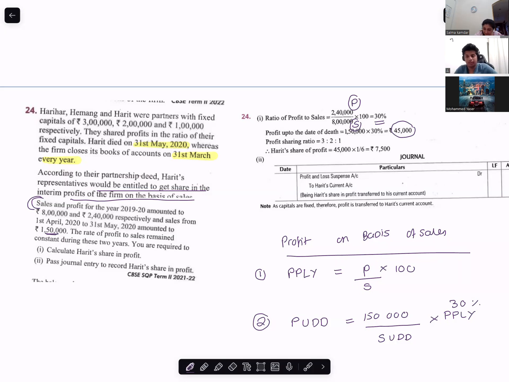Then you will multiply with what? His share, the deceased partner's share. What is the deceased partner's share? Harit's share is 1/6. How do you get that?